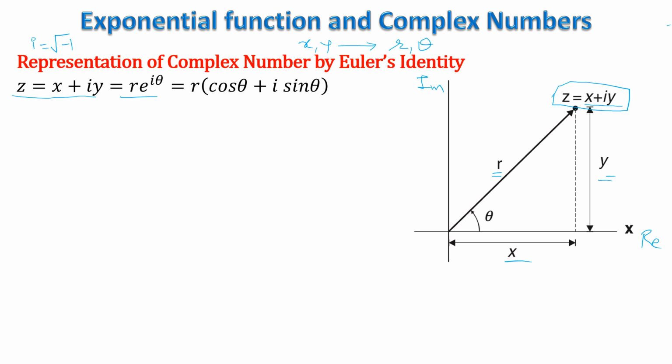Now this point z is at distance r, so by Pythagoras theorem we can write r square is equal to x square plus y square, and the locus of all these points is a circle of radius r, and there will be infinitely many points on the circle.